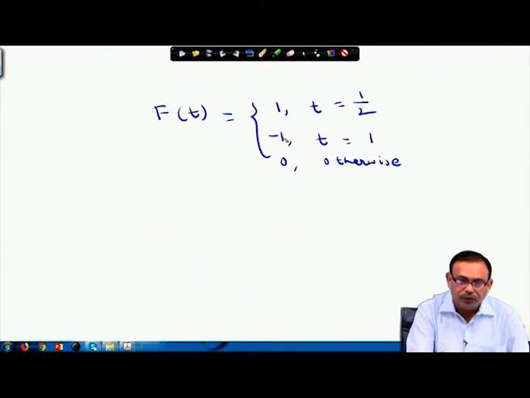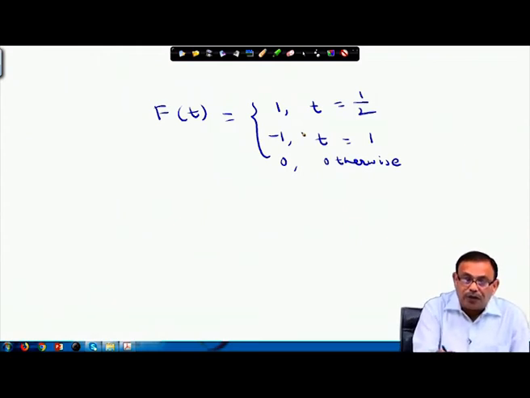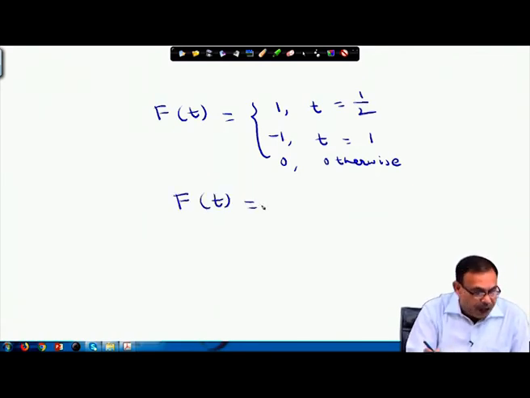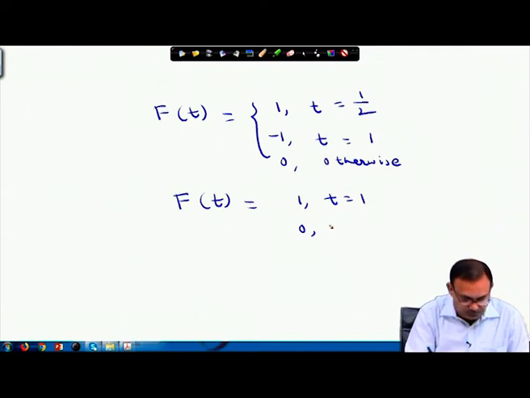Please note this thing, so that this is a null function. In this case, always if you take the integral, the value will be 1 and minus 1, so it will be 0. Consider this function: f(t) equals 1 when t equals 1, and it is 0 otherwise.